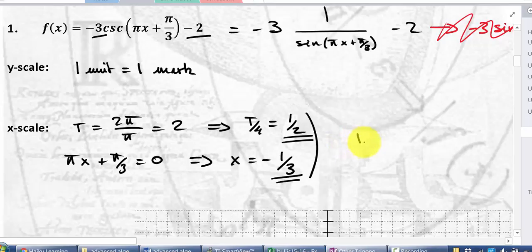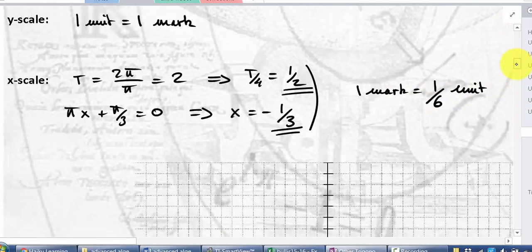So 1 tick mark equals 1/6 of a unit. It will take 6 marks to get to 1 unit on my x-axis.